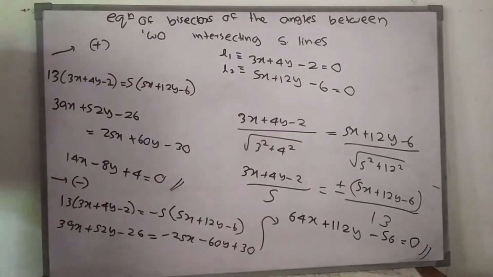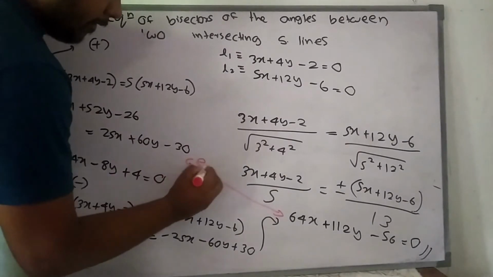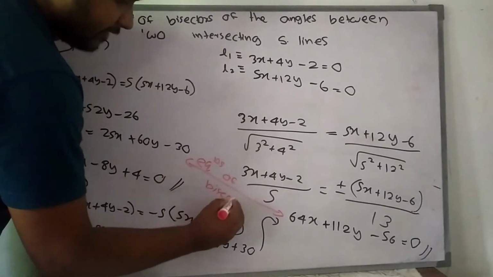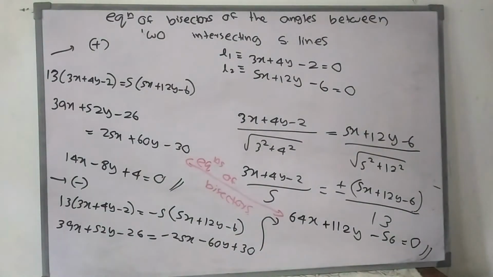So these are the equations of the bisectors. We can't tell specifically which is the acute and which is the obtuse, but we can find the equations, right?